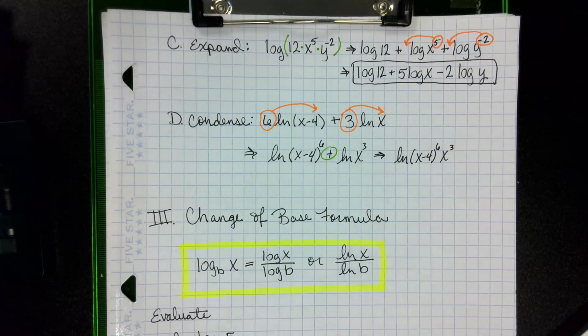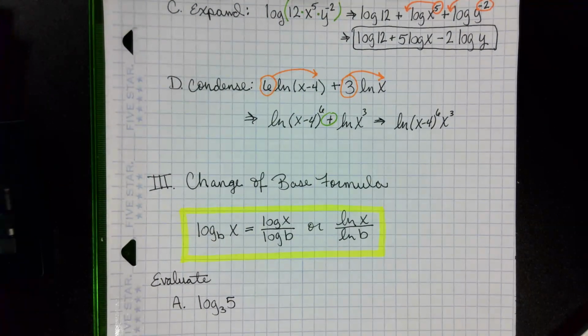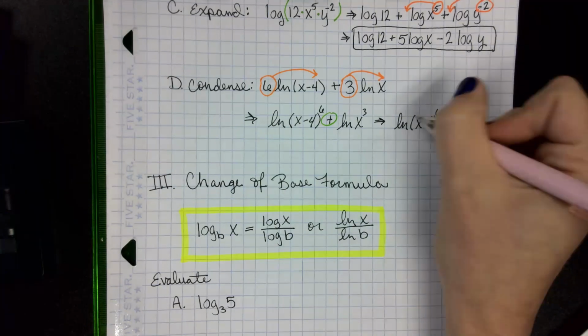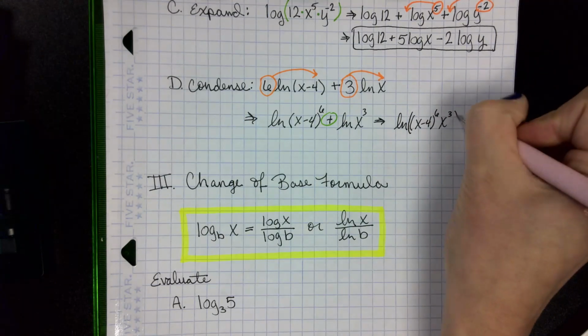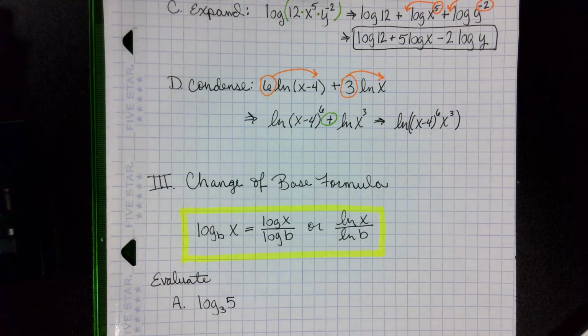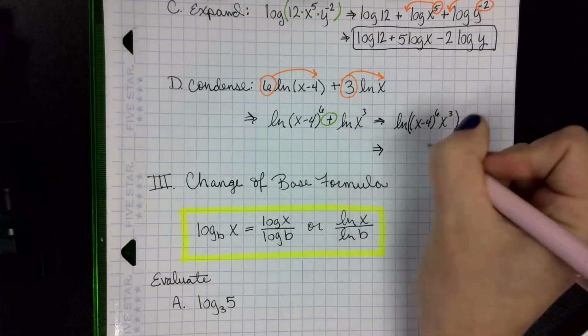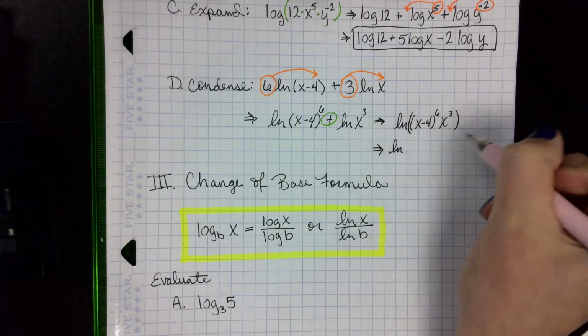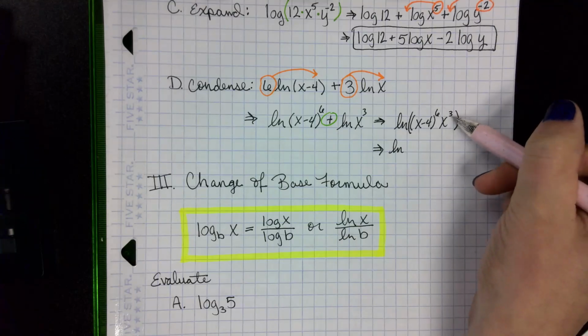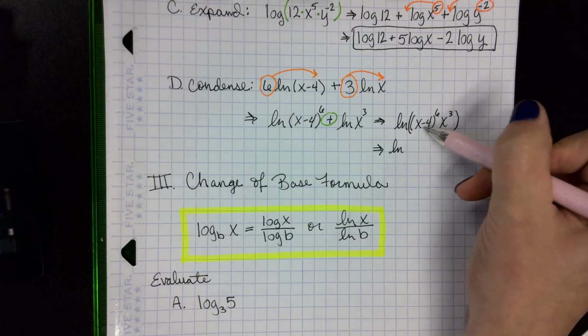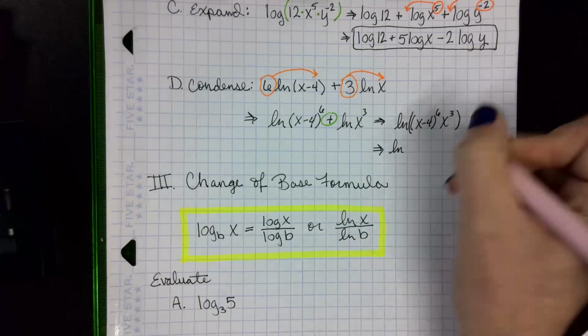There's a lot of slight variations on how you could write this as your answer. Like that is fine. Or you could do another set of parentheses around the whole thing to indicate that the whole thing is the argument. Or the most proper way would be to move it as the x to the 3rd first, and then the x minus 4 binomial afterwards.